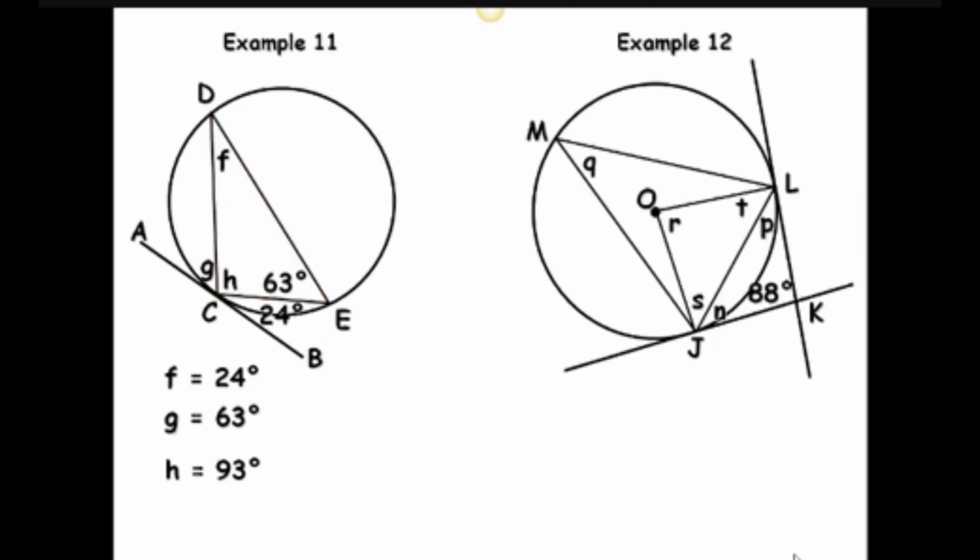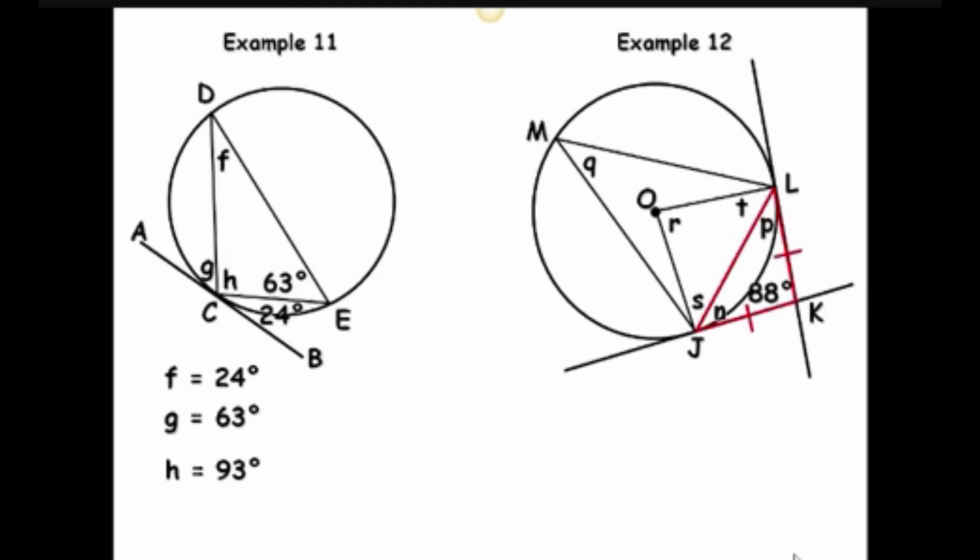Right, final example then. Example 12. Okay, right, so if we look at that triangle first of all. Now, if we think back to the previous angle relationship, we've got tangents there from K to L and from K to J. So in other words, they intersect at point K, so KL and KJ must be the same length, which means the triangle that contains P, N and 88 must be an isosceles triangle.